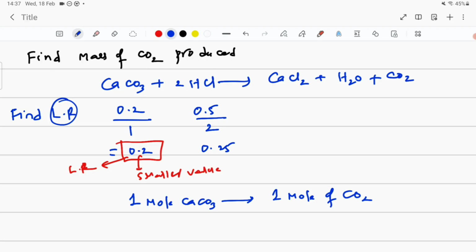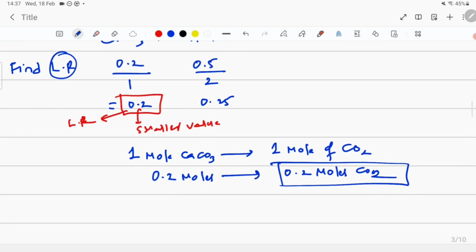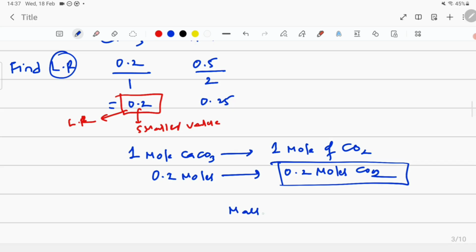Here they are asking about the mass of CO2 produced. So 0.2 moles of CaCO3 will produce how many moles of CO2? First you calculate moles, then convert into mass. It can produce 0.2 moles of CO2. Mass of CO2 is equal to 0.2 moles.